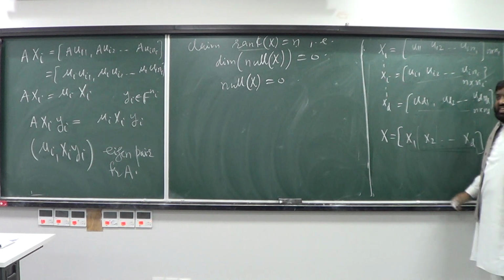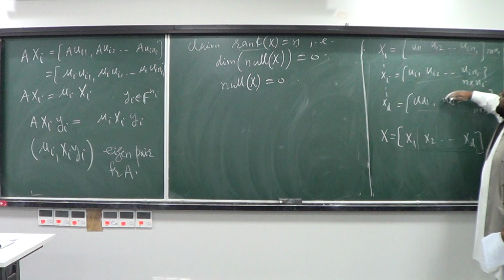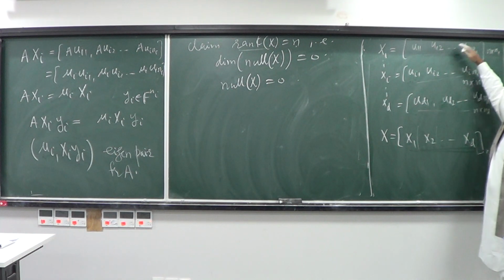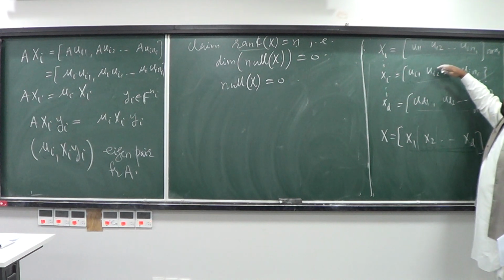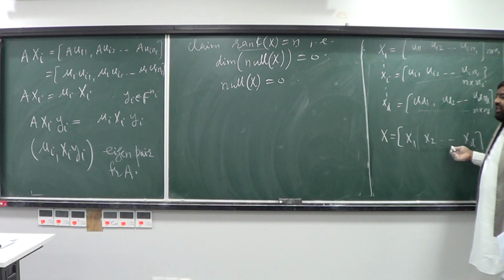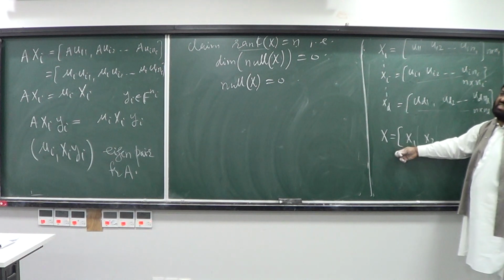Okay? But in other words, if you make a linear combination of all these vectors, are the coefficients in that linear combination going to be 0? Okay? The answer is yes actually. And you can show it easily by showing that the rank of this matrix X is n.